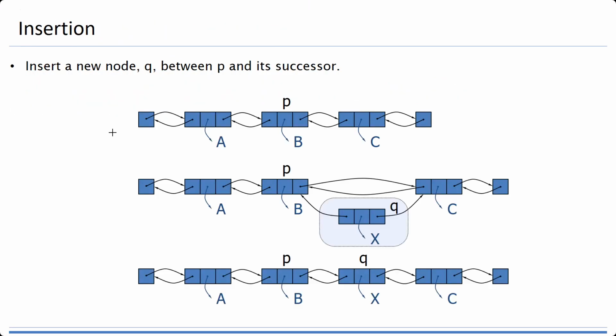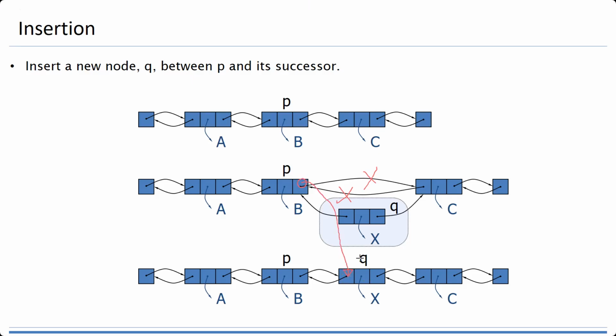When you do an insertion, let's say I want to insert a new node Q. The node Q will be inserted between P and its successor. The operation will be, we will remove this link, and then node P will go to node Q as the next.